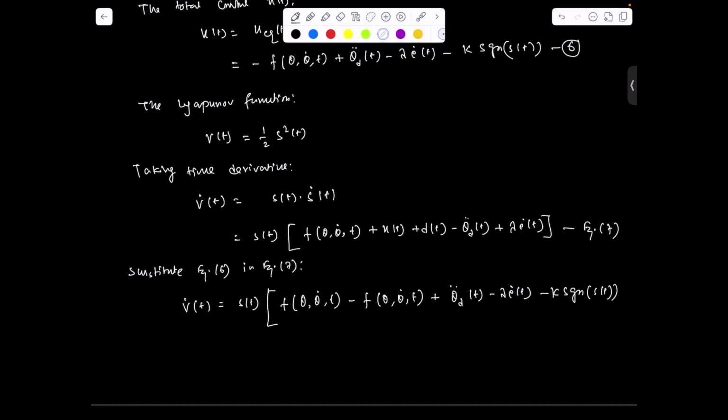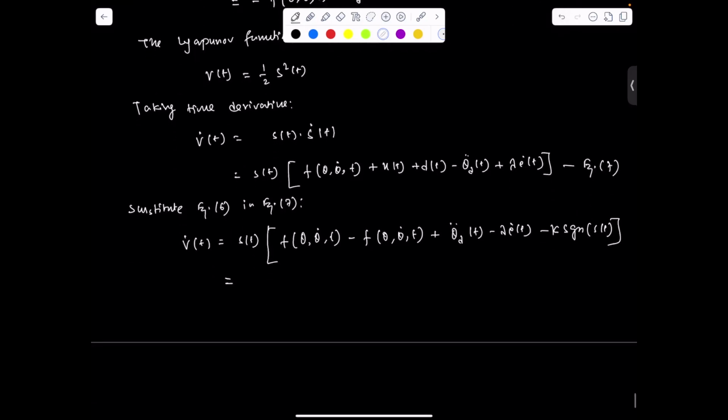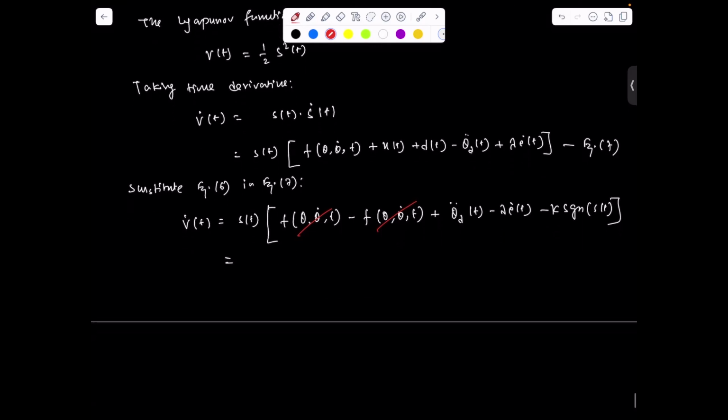So this is what you're having now. From this, this one cancels, and we can write further. I think I have missed one term here. So here we have another term minus theta dz double dot t, right? So this term will cancel out.